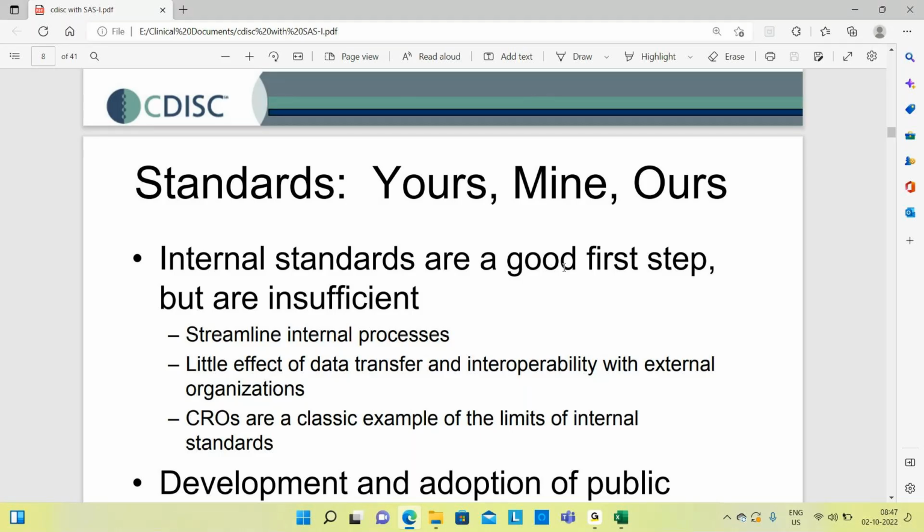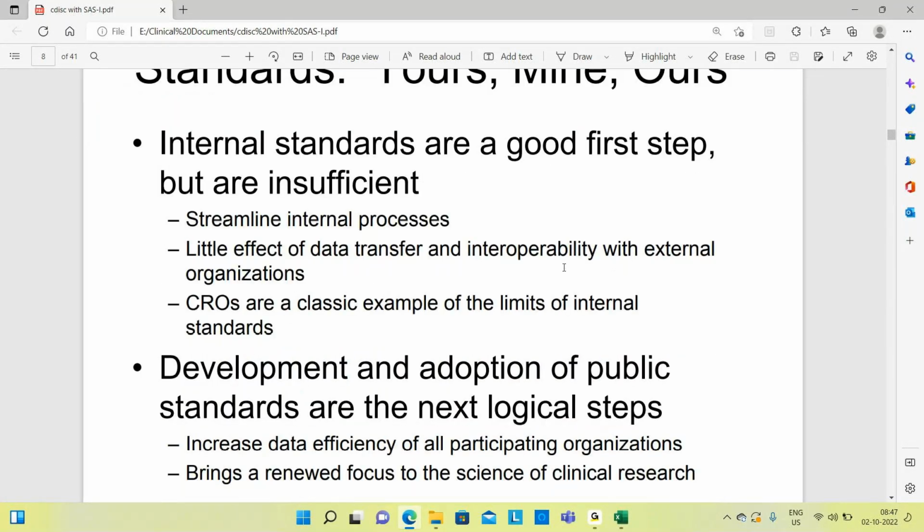Whenever you are transferring data to labs or other CROs, you will find minimal differences between these two organizations.